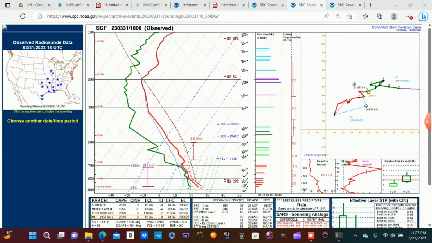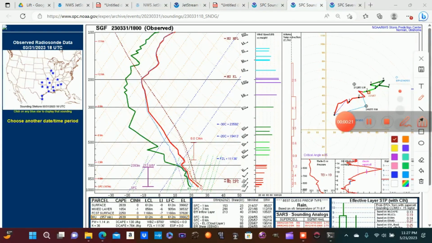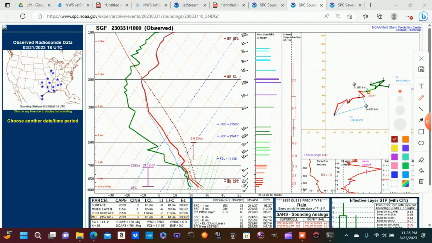The lifted index is taken at 500 millibars, and it is the difference between the environmental temperature and the temperature of our air parcel, so it is environmental minus parcel, basically. In a severe weather setup, this is going to give you a negative value, which indicates an unstable atmosphere. This means that the parcel temperature is warmer than the environment.